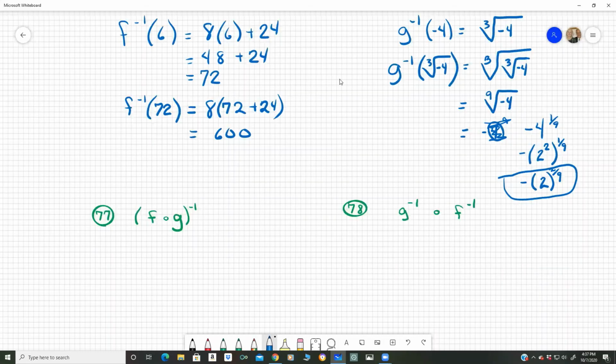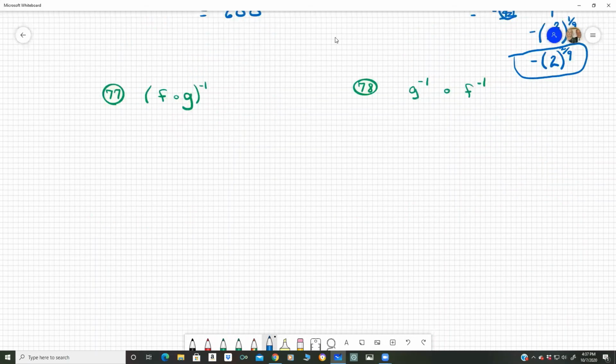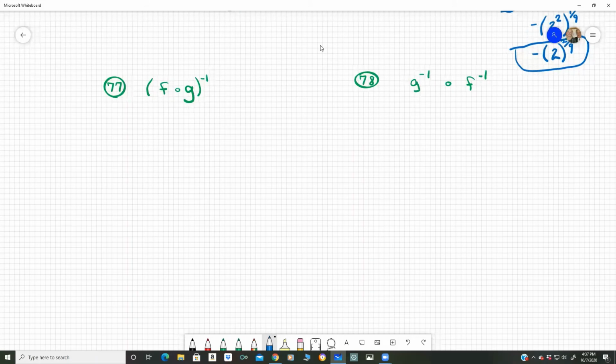Let's move on. Again, I encourage you to try to work the problem first and then take a look at this. So here we have f of g is what we want to find first, and then take the inverse of it.